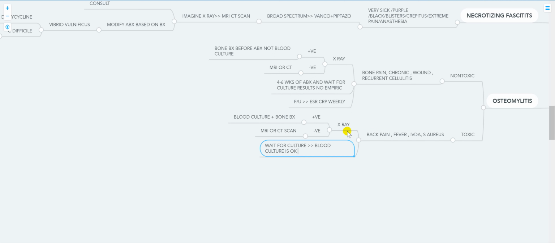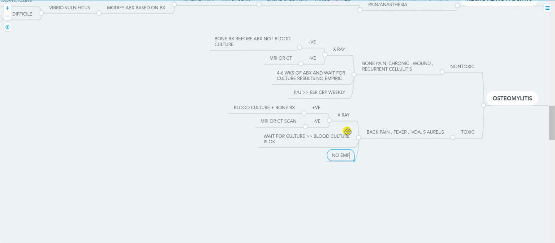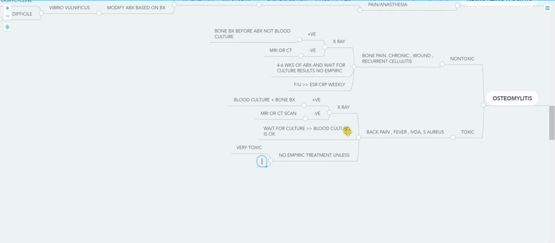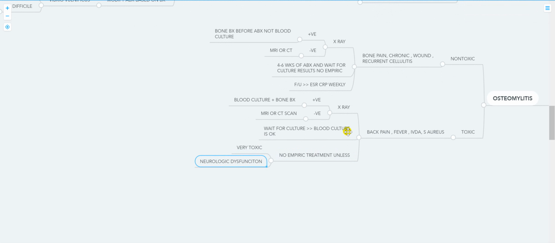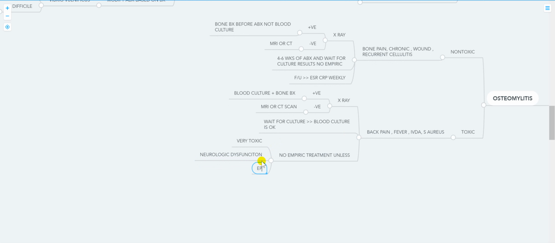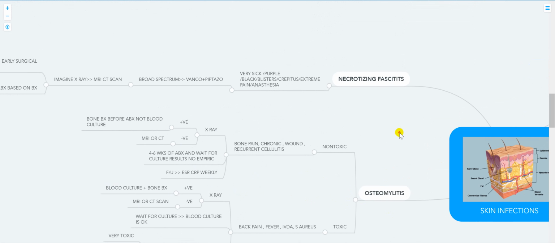And then the other thing, no empiric treatment unless one of these things: very toxic, or there's a neurologic dysfunction, or there's epidural abscess. So these are the things where we treat empirically, okay? So that's basically a summary for skin or bone infections.